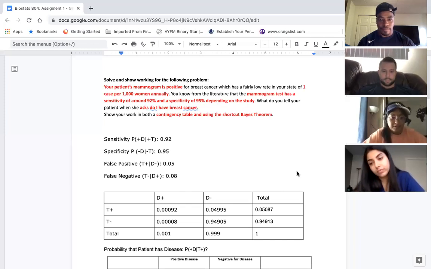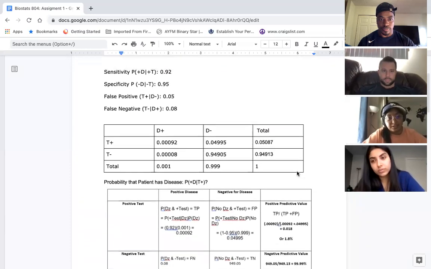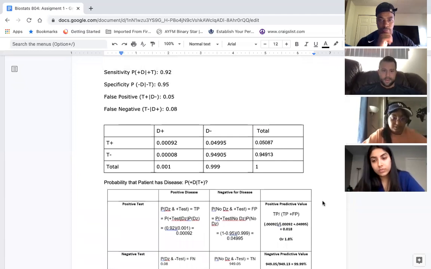The table we made is based on disease positive and test positive, and disease negative and test negative. So we have a sensitivity of 92% and we know we have a population prevalence of 1/1,000. When we take that into decimals, 0.001 as a prevalence, and multiply that by our sensitivity, which is 92%, we would get a positive test and a positive disease of 0.00092.